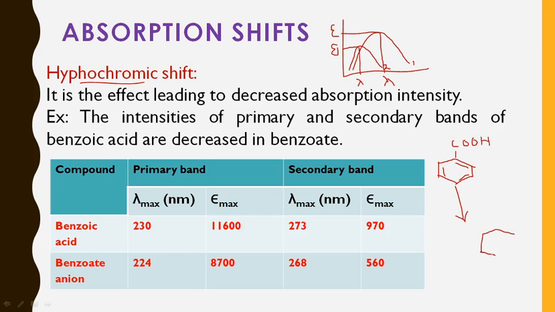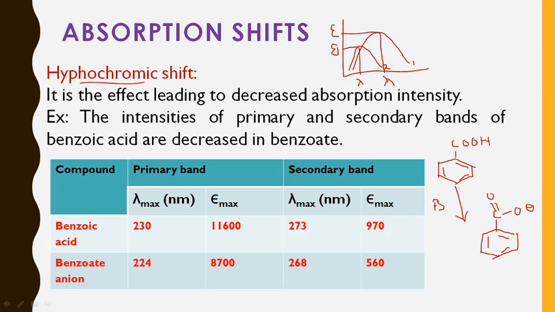Of course, there is a decrease in intensity as well as a decrease in the lambda max also. As it is an acidic compound, under the influence of a base it can abstract the proton. After the abstraction of the proton, you will get this compound, that is benzoate anion.